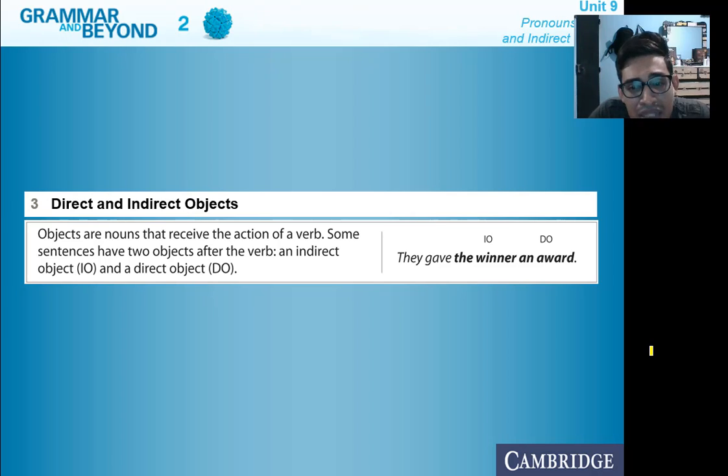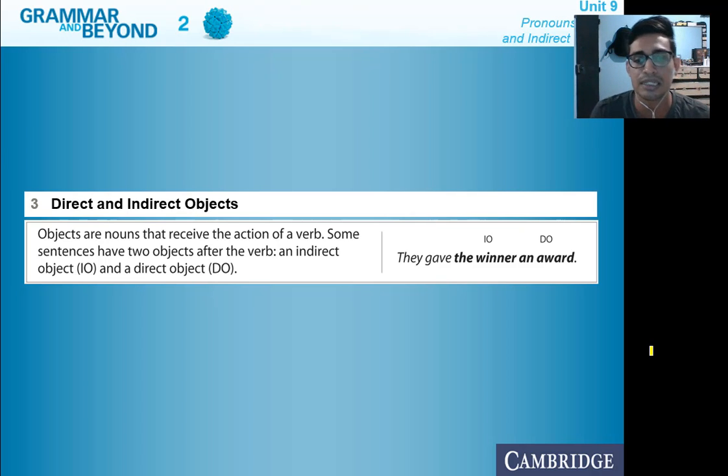We have some examples. They gave the winner an award. How do we know which noun is which object, right? Do you remember the question we make to know the direct object? We ask what or who after the verb.